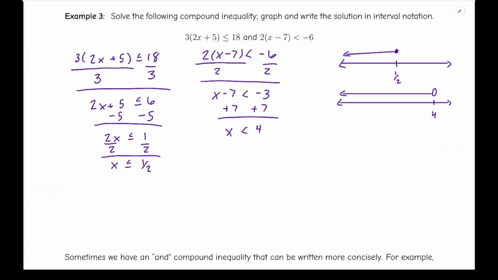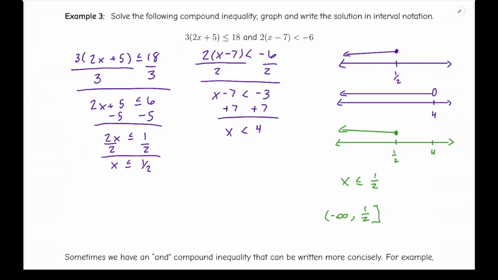And now, neither of those by themselves are our answer. Our final answer is going to be graphing them together. Now again, I'm only looking for where they overlap. Well, they only overlap from the 1/2 to negative infinity. So then we get x less than or equal to 1/2 or negative infinity to 1/2 bracket.